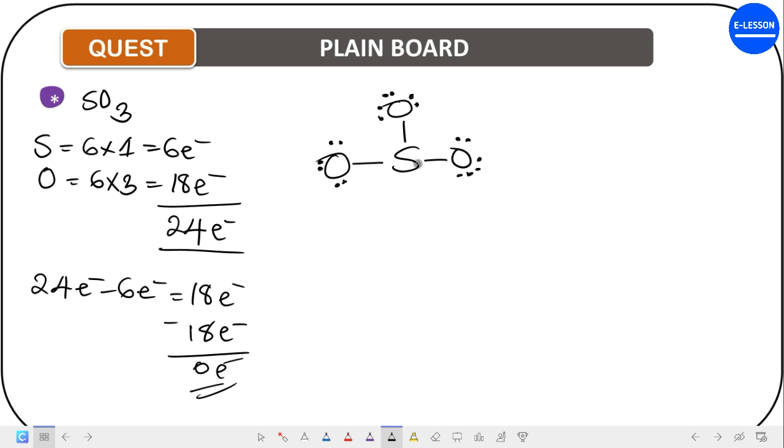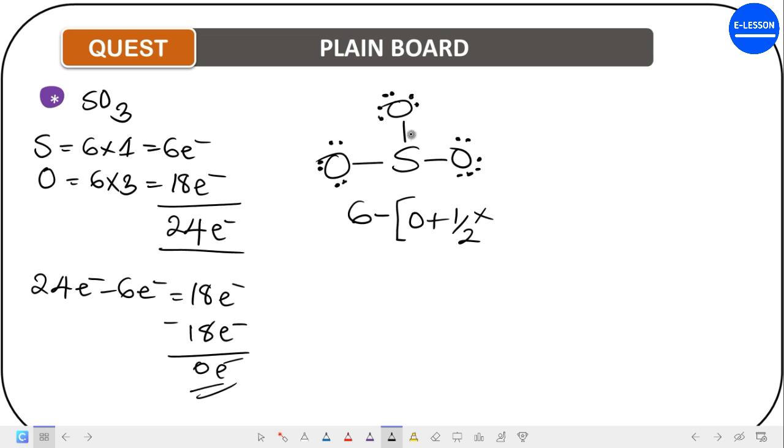Since there's no electron to put on the central sulfur atom, what do we do? We now calculate the formal charge on sulfur. This is very easy. The number of electrons sulfur brought to the table is 6, minus half of the lone pair electrons, which is 0, plus half of the bonding electrons.